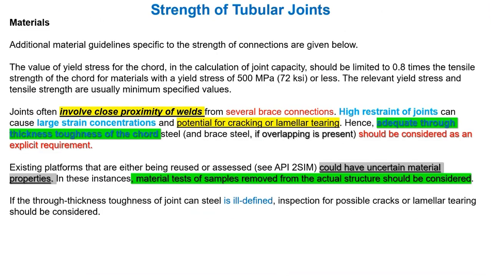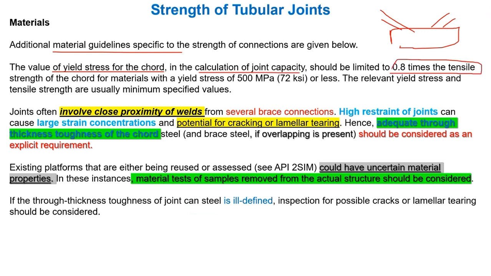And one more thing, these guidelines give some specific material-related yield values. This is the CAN member, and this is the brace. In the CAN member yield value, in the calculation of joint capacity, we need to limit it to 0.8 times the tensile strength. You know yield value and tensile strength. If you see the stress-strain diagram, it will come something like this: upper yield, lower yield, and then ultimate tensile.